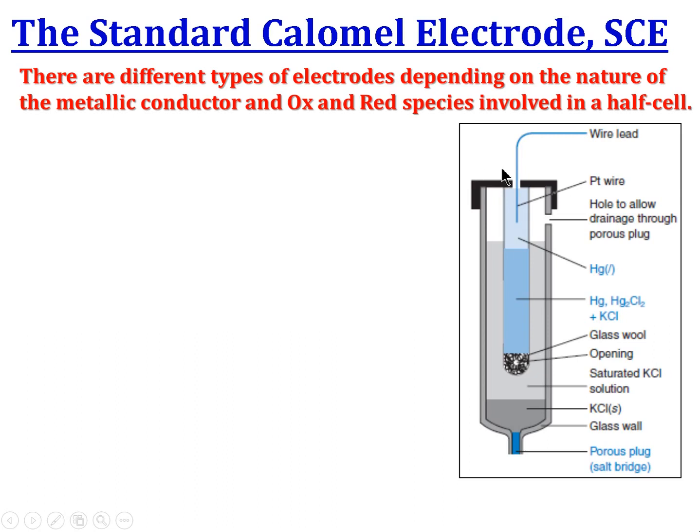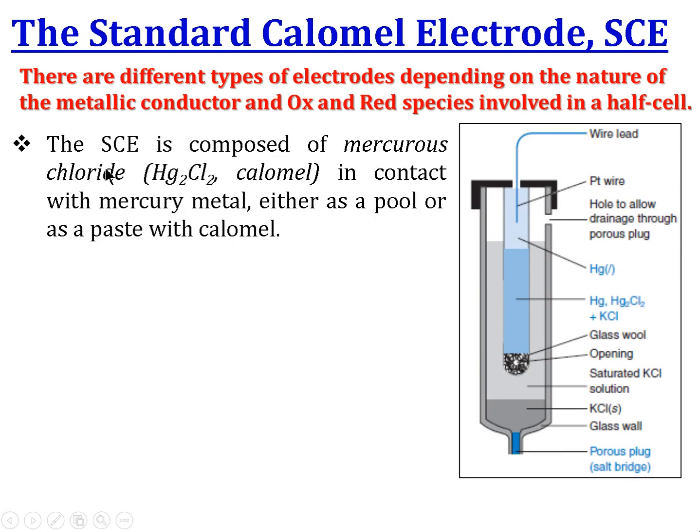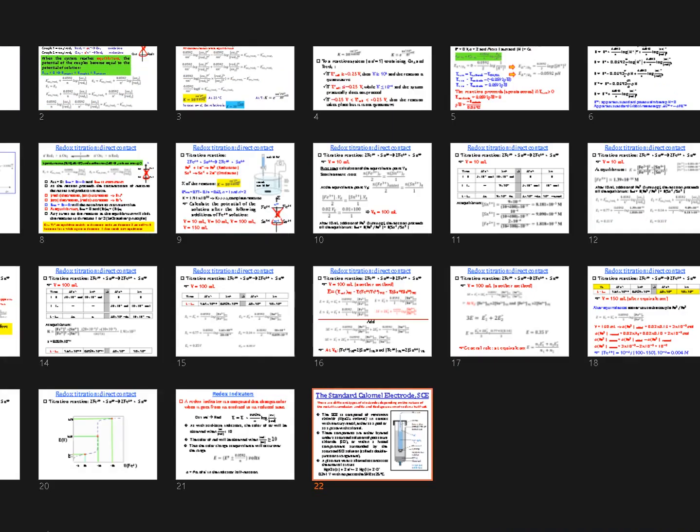So one of the common electrodes used is the standard calomel electrode known as SCE. The SCE is composed of mercurous chloride, Hg2Cl2 calomel, in contact with mercury metal, either as a pool or as a paste with calomel.